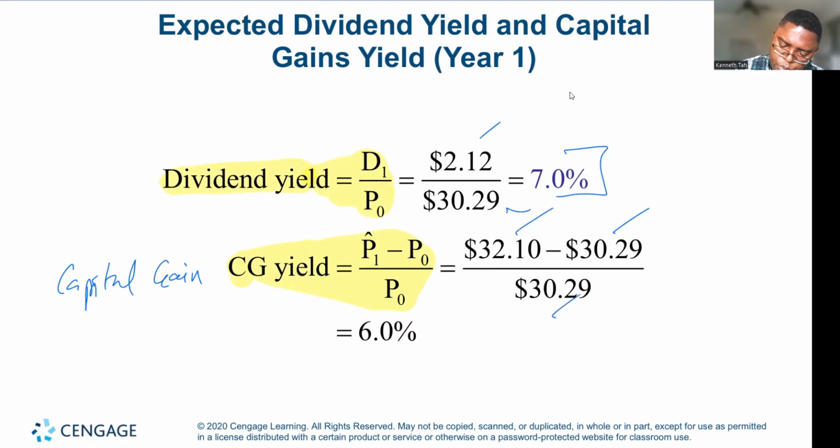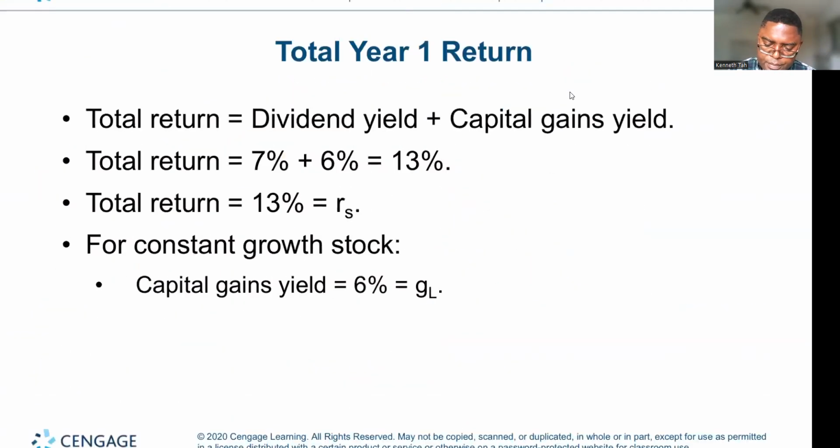So we end up with a capital gain of 6%. And this makes sense because our capital asset pricing model shows that the required rate of return was 13%. So if we add this and this, that gives us 13%, which is our total return.